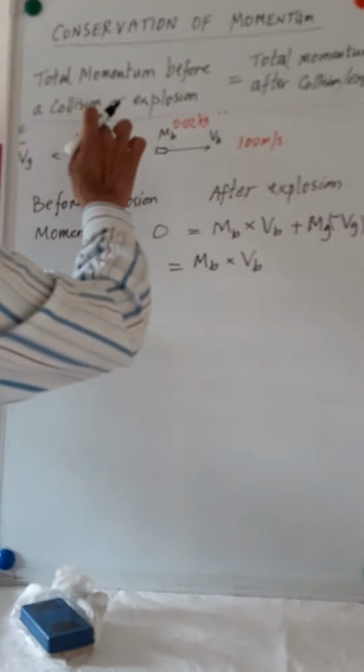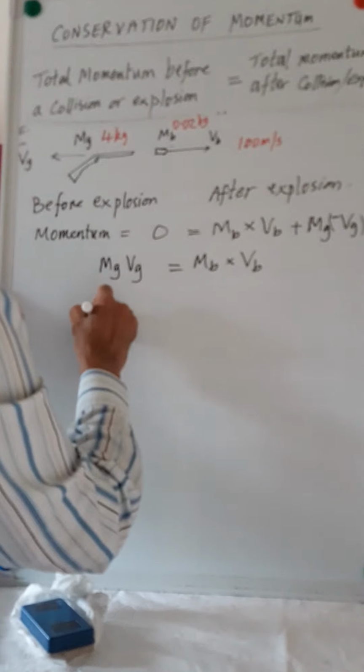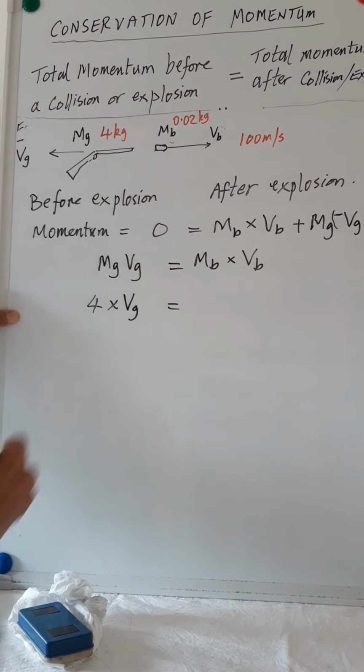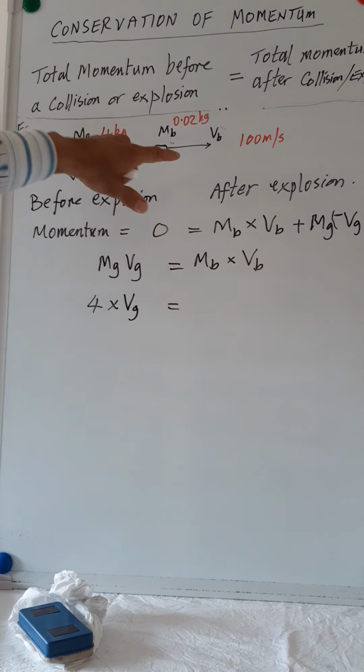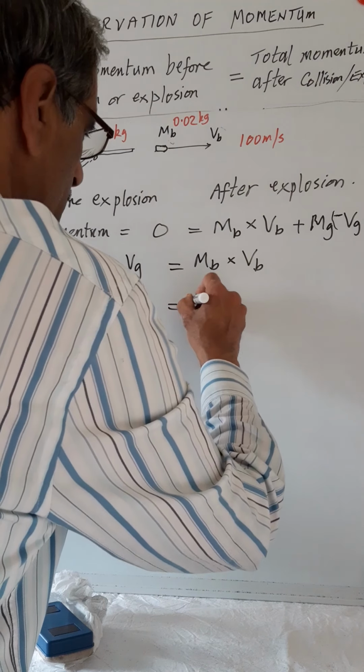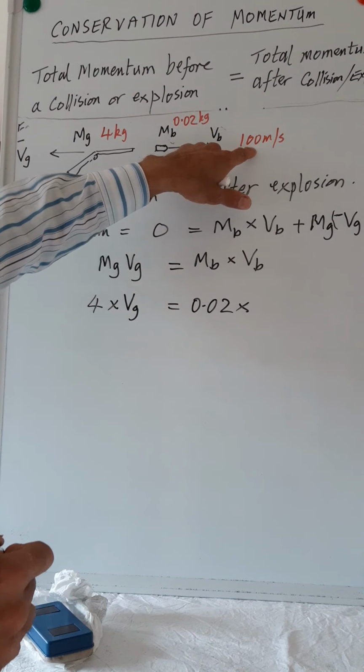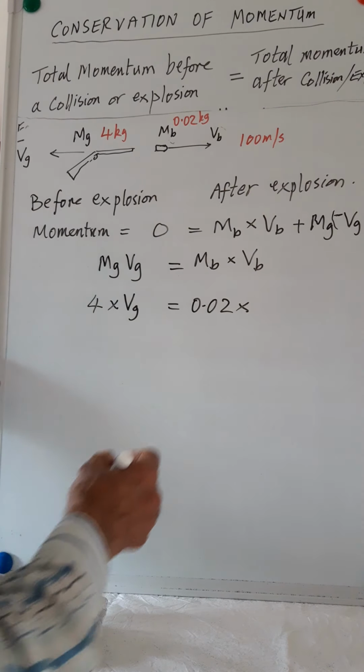So mass of the gun is 4 kilograms. 4 times velocity of the gun, the recoil velocity of the gun, we want to find. Mass of the bullet is 0.02, multiplied by the velocity of the bullet, which is 100 meters per second.